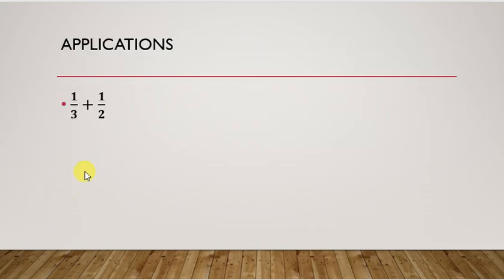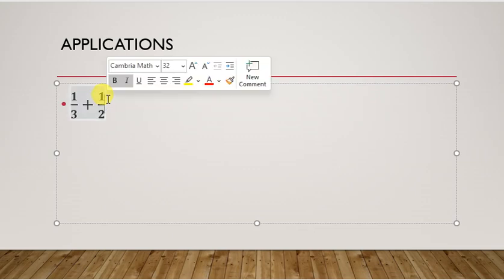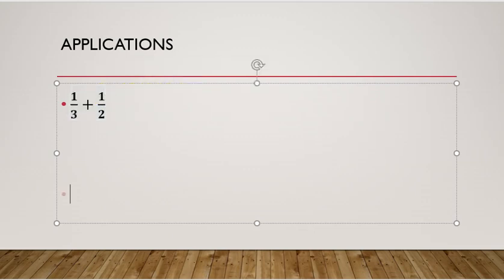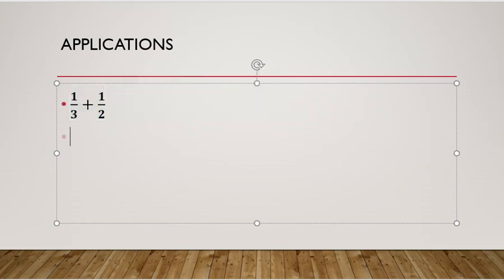Now, let's look at how we can apply this approach to solve this question. In a traditional setting, we are told to look for the LCM of such a fraction to be able to solve it.